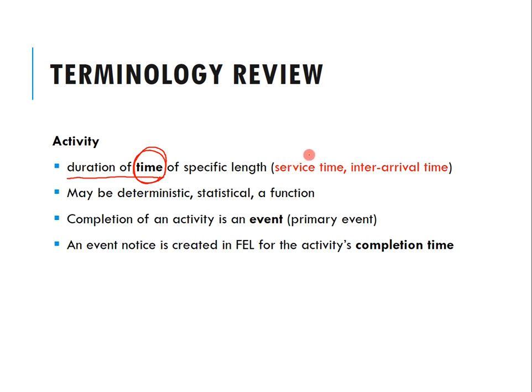Sama ada process time is a constant, 10 minutes for example, ataupun it is sampled from statistical distribution. Contohnya process time follows normal distribution. It can be deterministic or stochastic lah. Okay, completion of an activity is an event. An event notice is created in future event list for the activity's completion time. This is additional info lah related to activity.